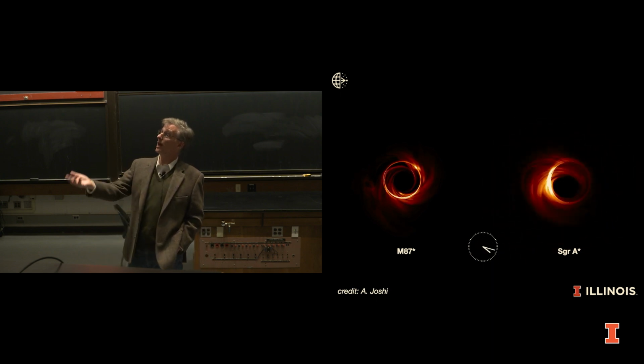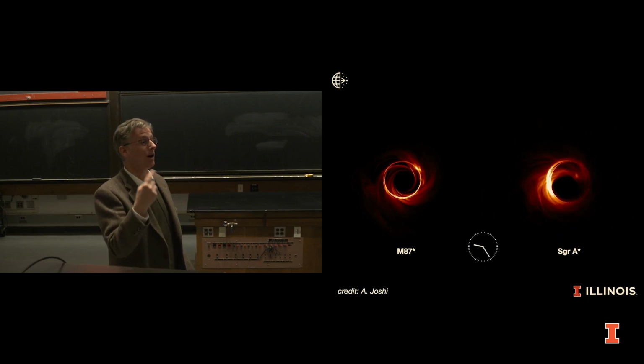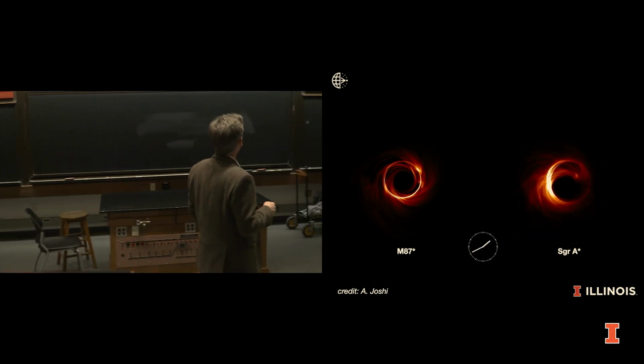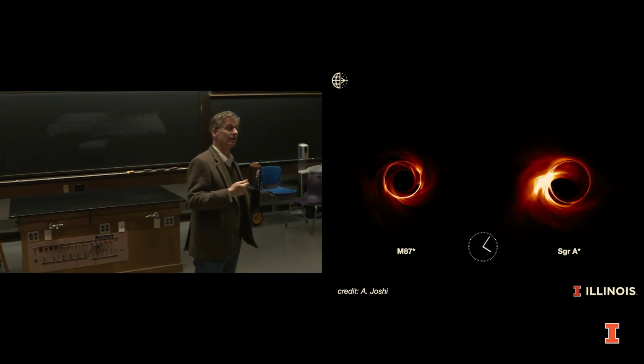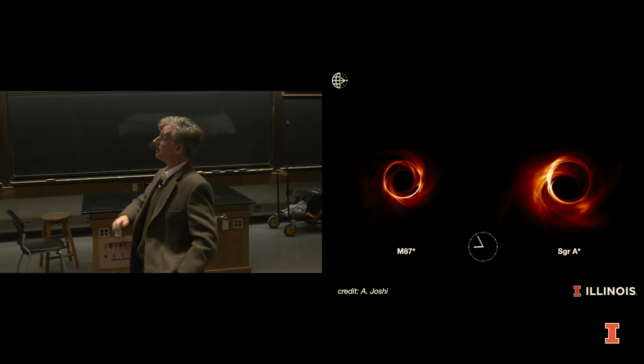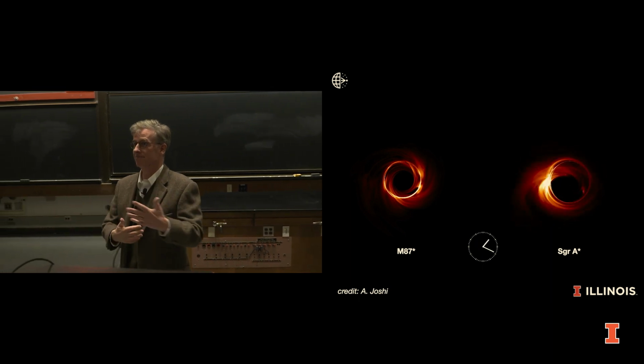The black hole in the center of our galaxy is relatively small, and things move around it at close to the speed of light. And so it evolves very quickly. The black hole in the center of M87 is very, very big and evolves at a stately pace.